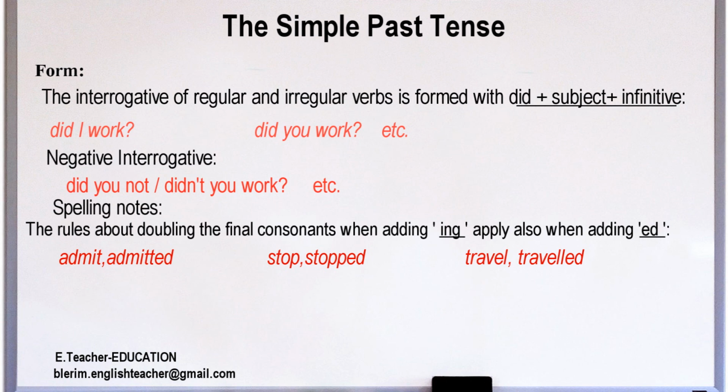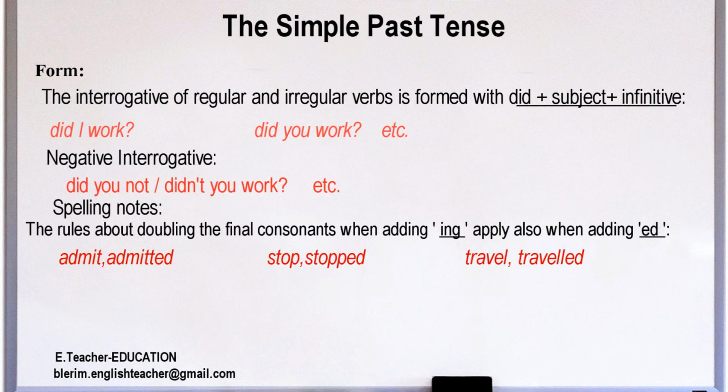For example, I'm going to explain again. Admit ends with t in the base form of the verb, but in the past simple we add ed, but before ed we have here a double consonant, double t.